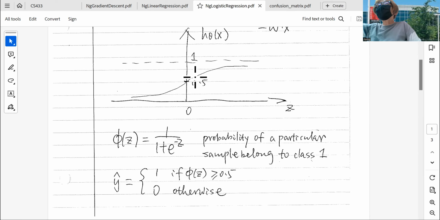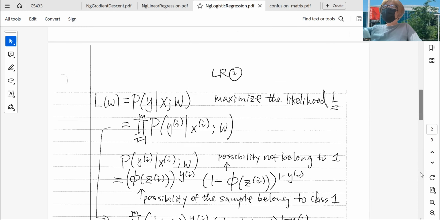That's what it means here. So it's based on probability. This is about logistic regression.